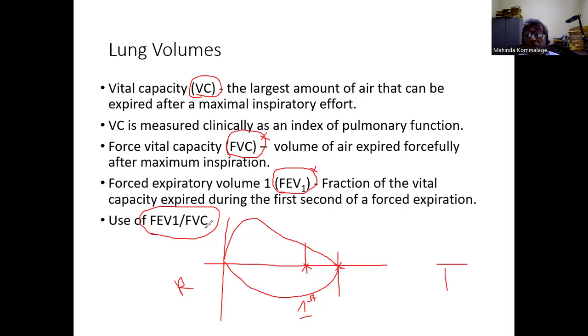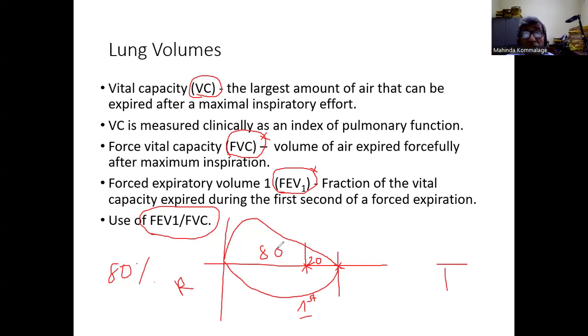That means what is the volume of air that came out in one second compared to the total volume that came out. Usually this value is about 80% in a healthy adult. That means within one second, 80% of the air volume will come out, and 20% will come after one second. So let's say this is 20% and this is 80% as a volume.